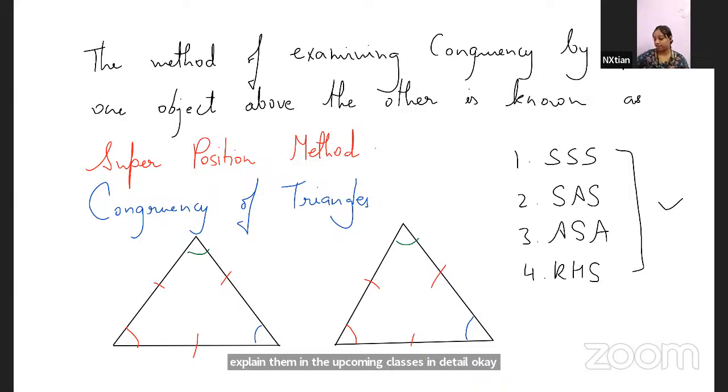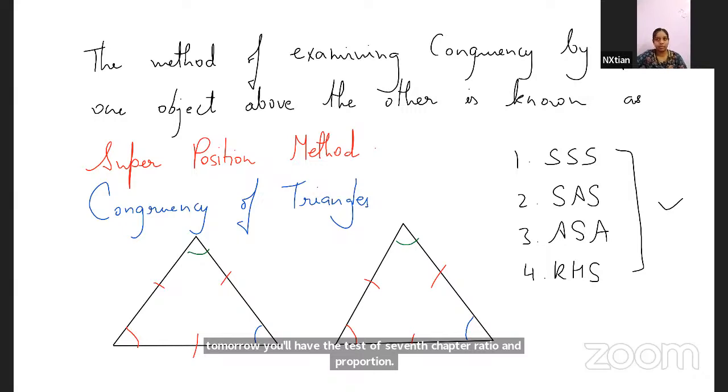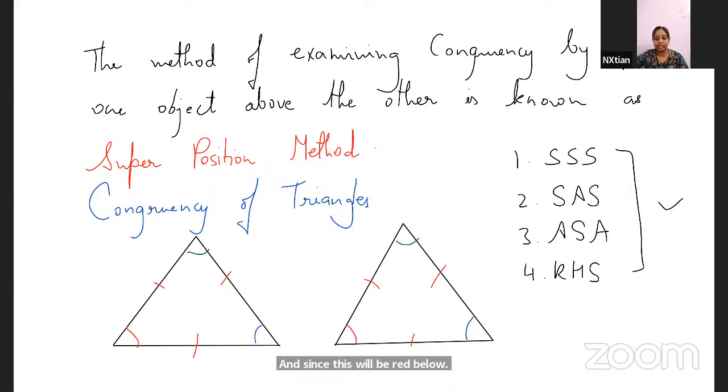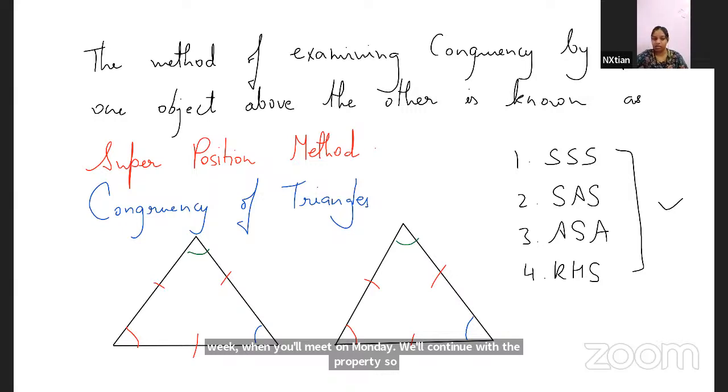Then we'll meet in the next class, that is on Monday, because tomorrow you'll have the test of the seventh chapter, ratio and proportion. Please prepare well. Science class will be regular. Next week we'll meet on Monday and continue with the properties of triangles and their congruency.